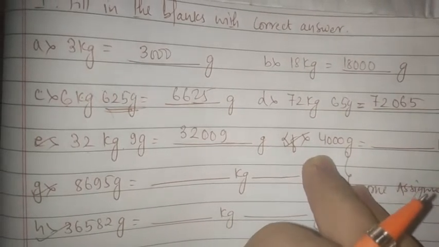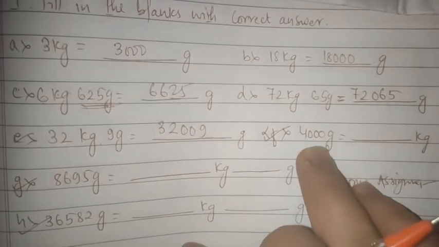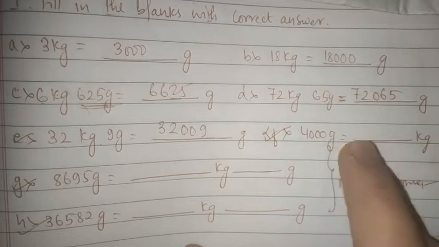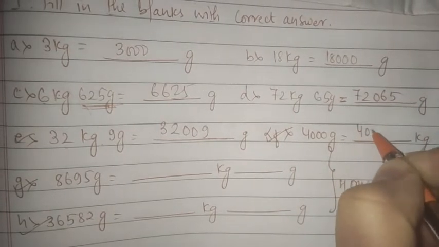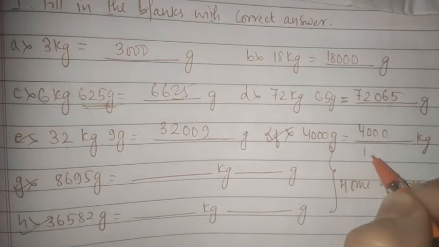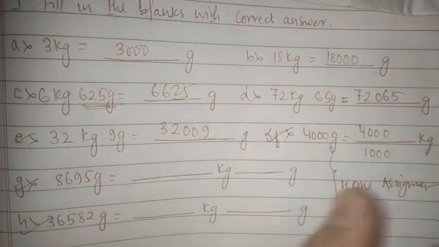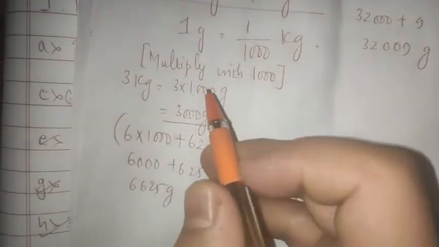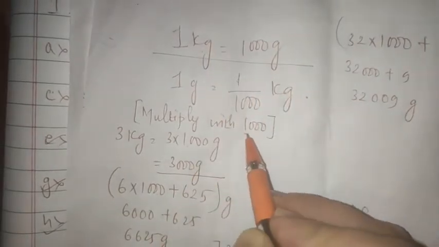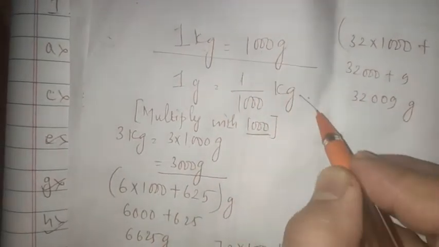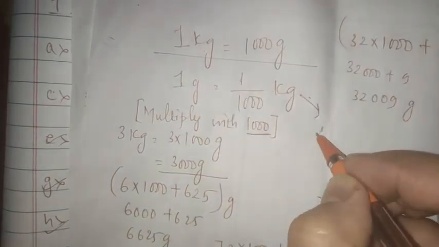One thing I'll note down here: to convert gram into kg, you will divide with 1000. Although this is your home assignment, I'm doing this because whenever we convert kg into gram we multiply with 1000, and whenever you convert any gram value to kg, you will divide with 1000.